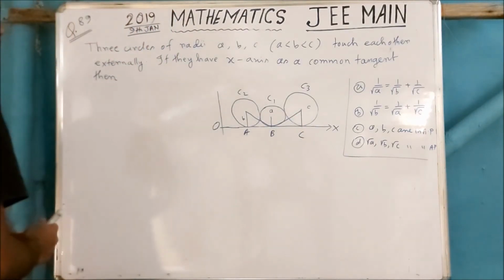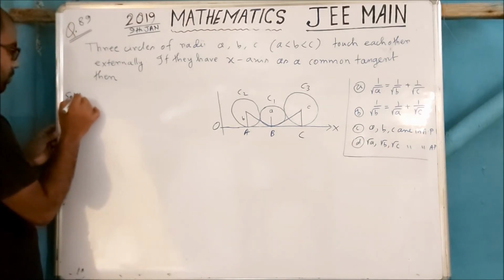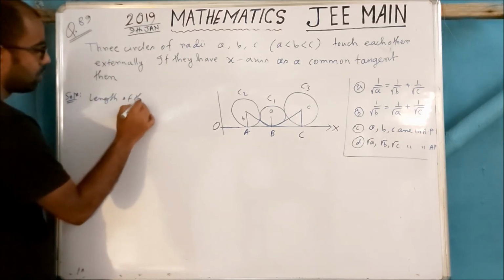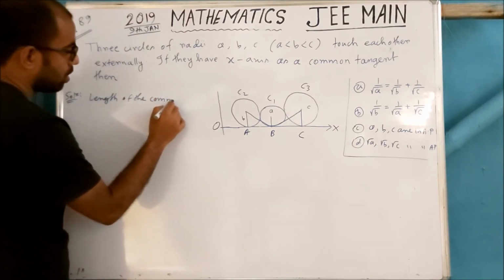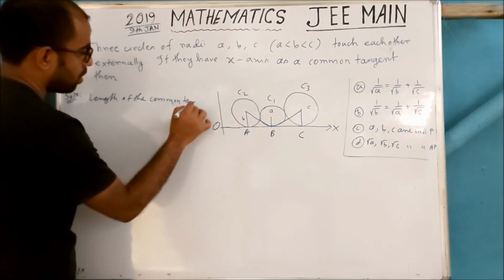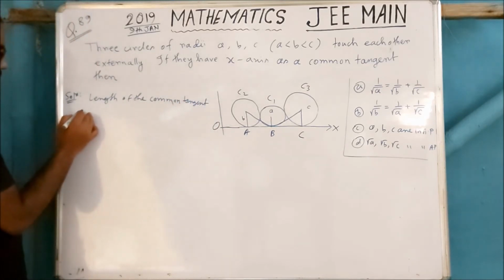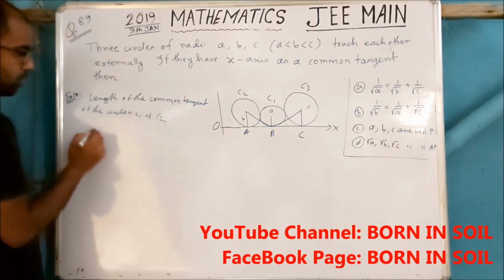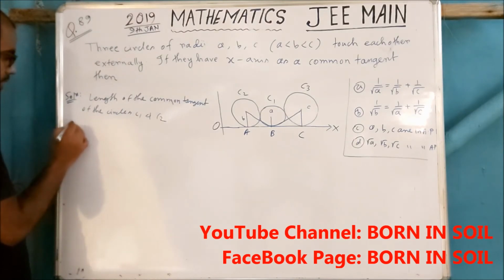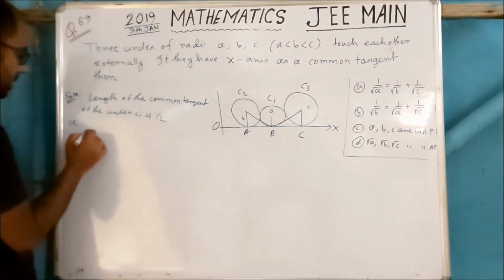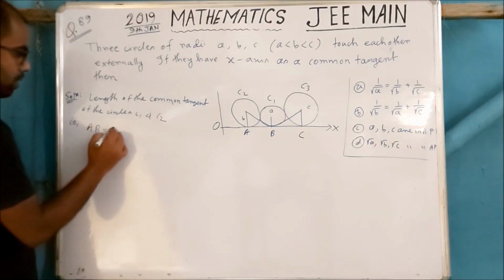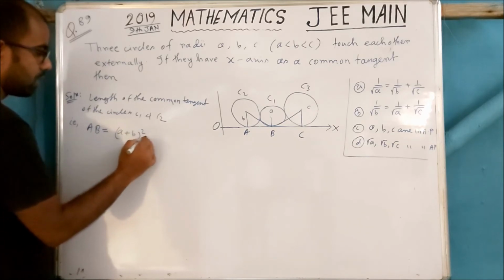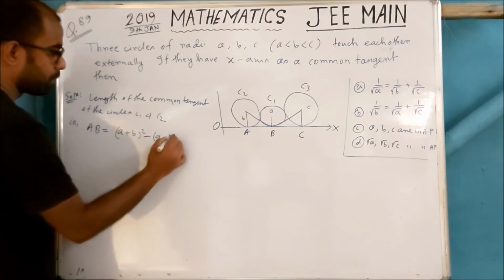So first we find the length of the common tangent of the circles C1 and C2, that is AB. We know the formula: root of (A plus B) square minus (A minus B) square.